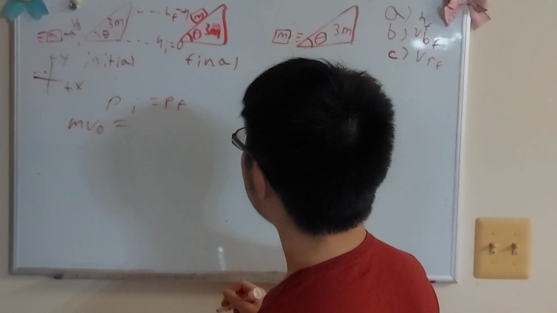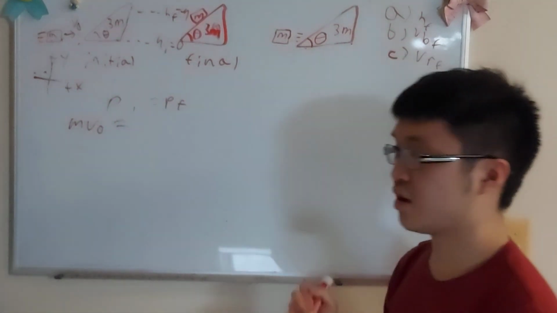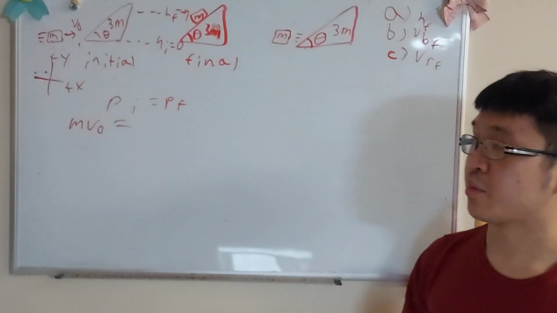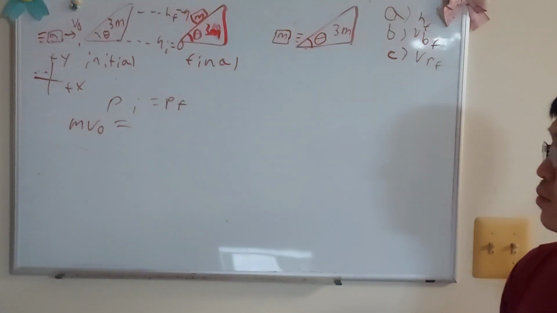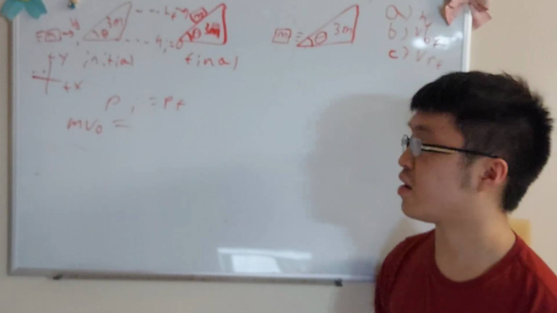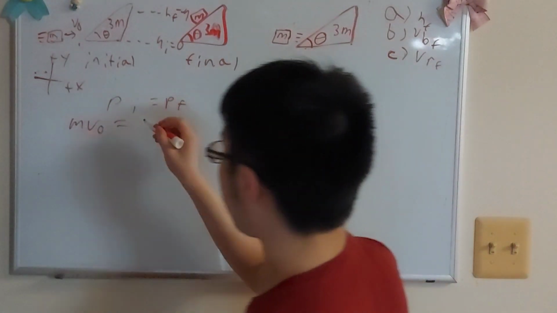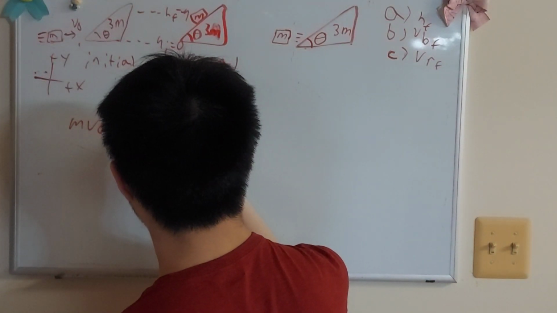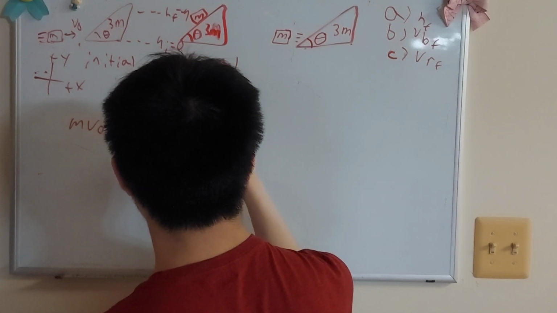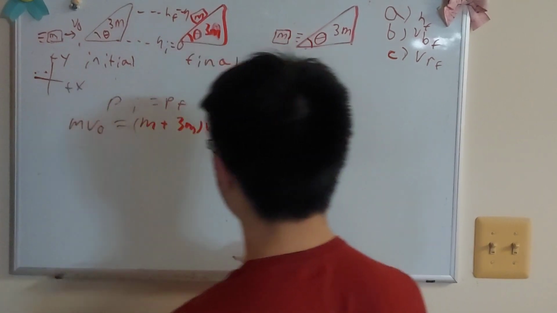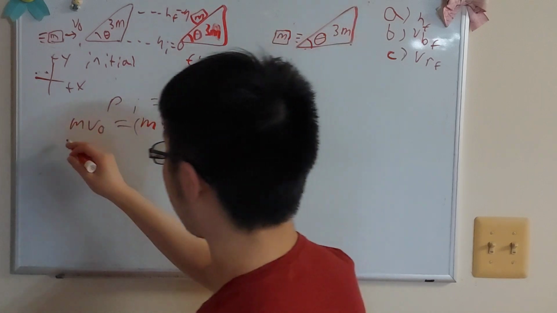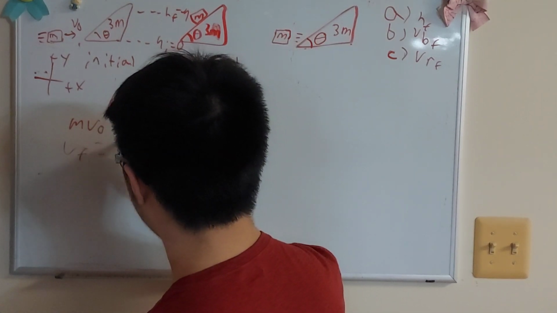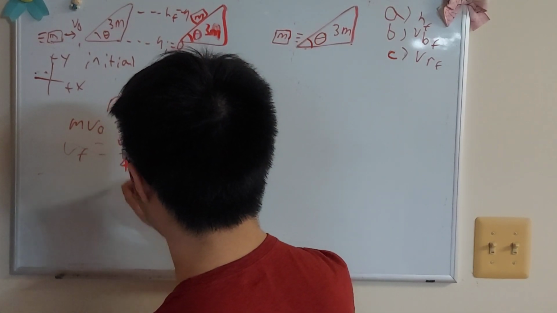In the final condition, the block is at rest relative to the ramp. However, the ramp is moving because the block elastically collided with it. So the final momentum ends up being the sum of the masses times that final velocity, which I'll call Vf, that they're both moving at the same time. And we see that Vf is equal to V naught over 4 if we solve for it.